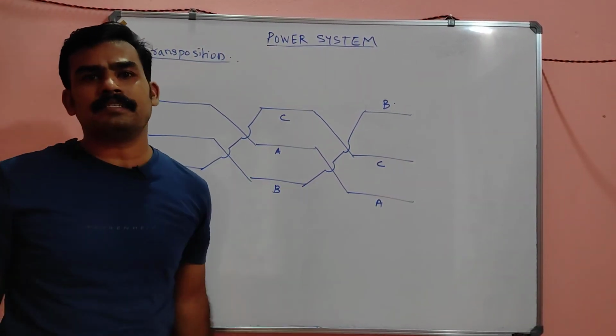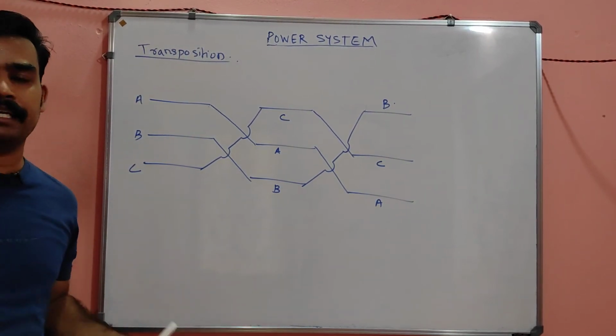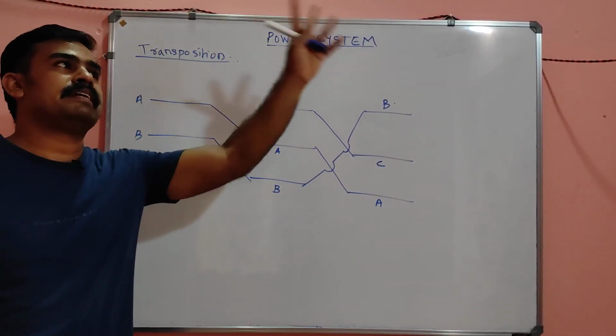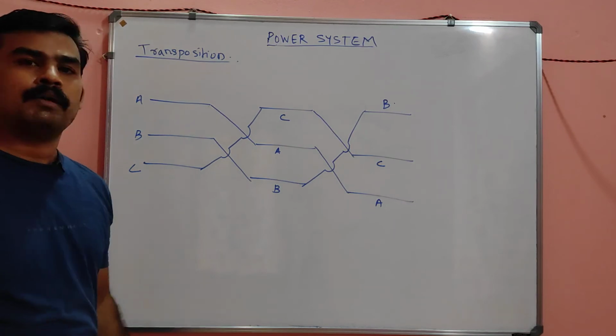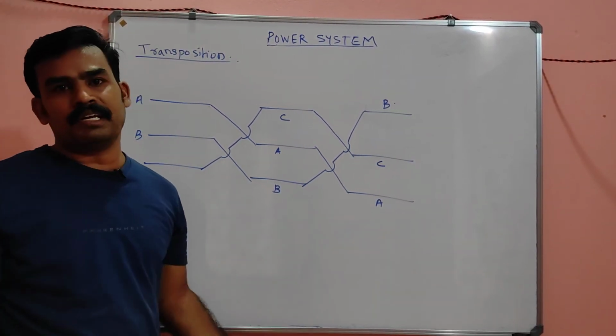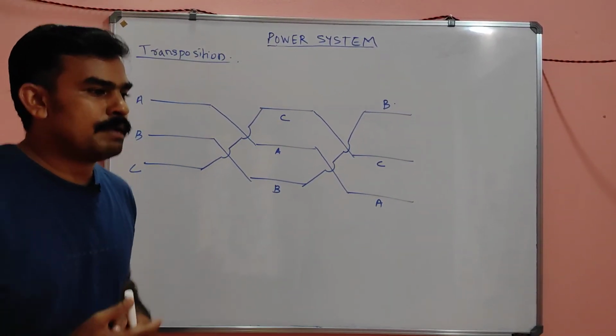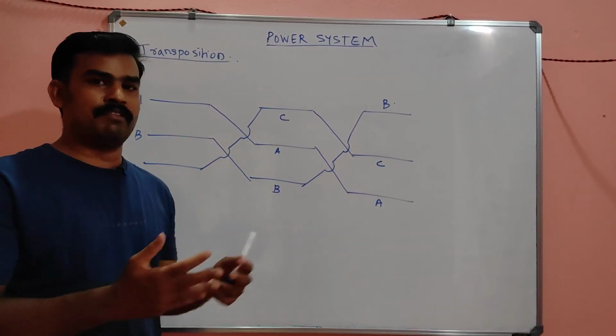Now we can't space them equidistantly, symmetry is not always possible, my dear, because there is huge wind, the symmetry will break. Suppose there is a bird sitting on the transmission line, symmetry will break.